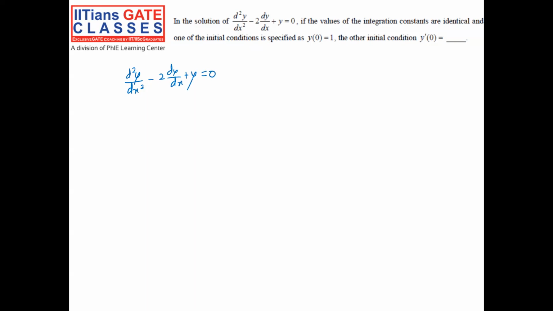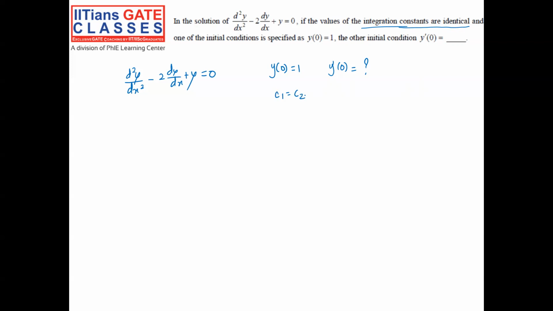C1, C2 are the integration constants, and they are identical, let's say. And one of the initial conditions is y of 0 equal to 1. Then y dash of 0 equals what? This is the question. They have given that the integration constants are identical, so C1 equals C2, for example.